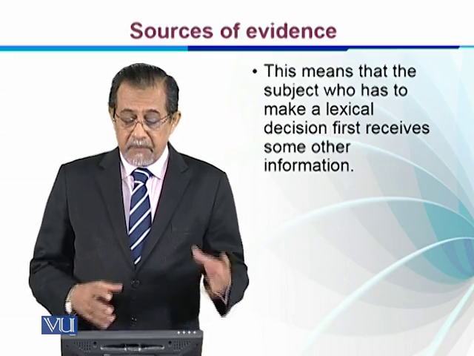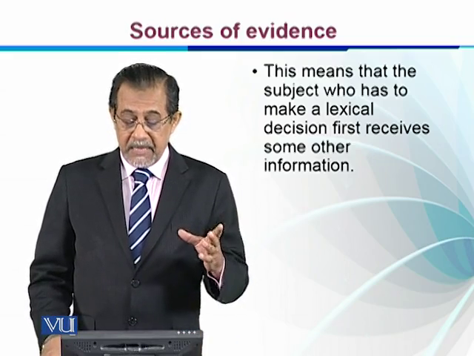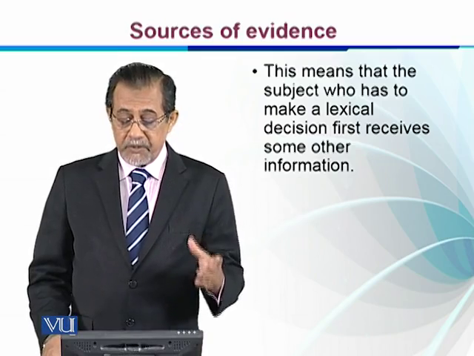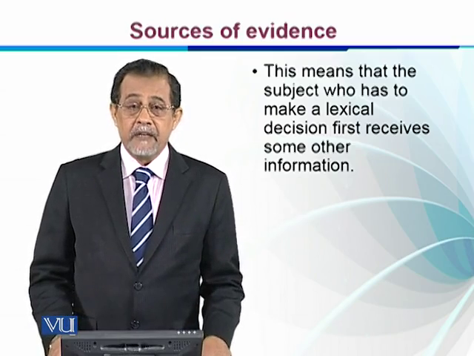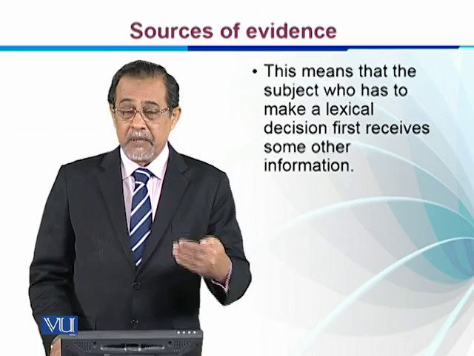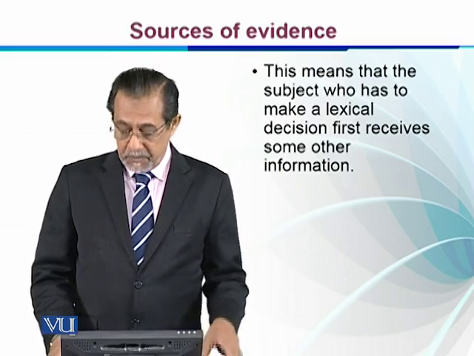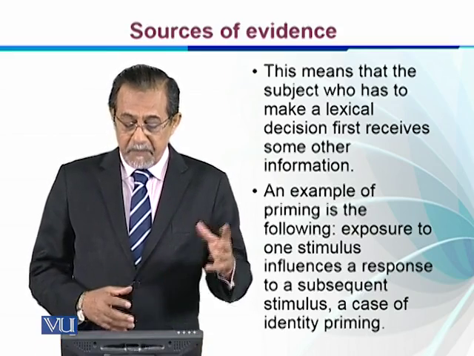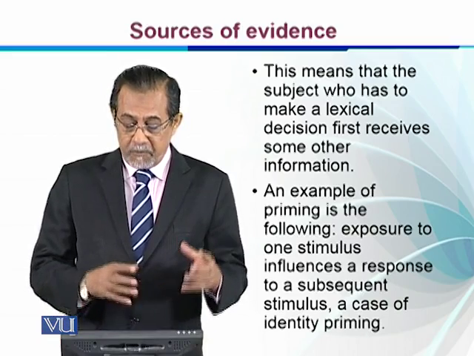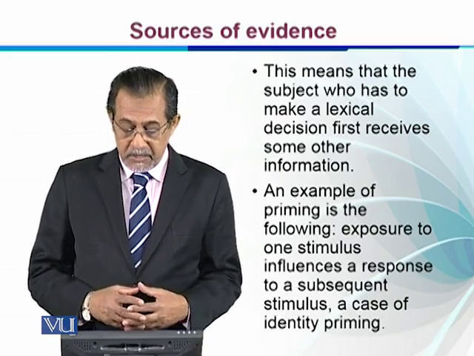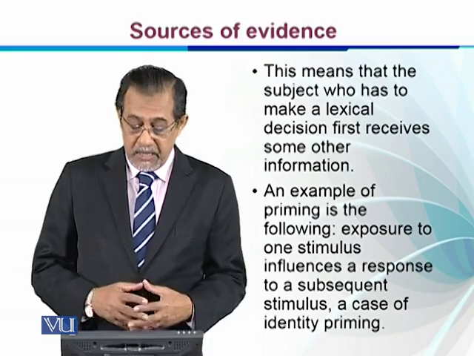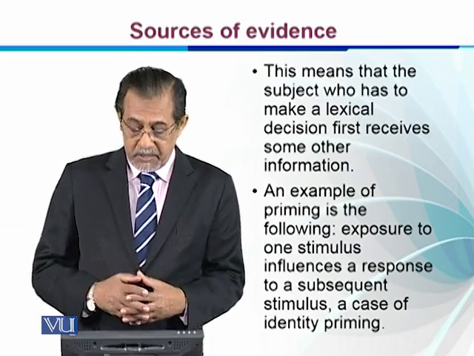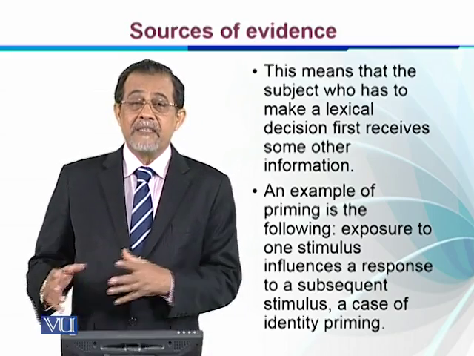This means that the subject who has to make a lexical decision first receives some other information which prompts the subsequent stimulus. An example of priming is the following. Exposure to one stimulus influences a response to a subsequent stimulus, a case of identity priming.